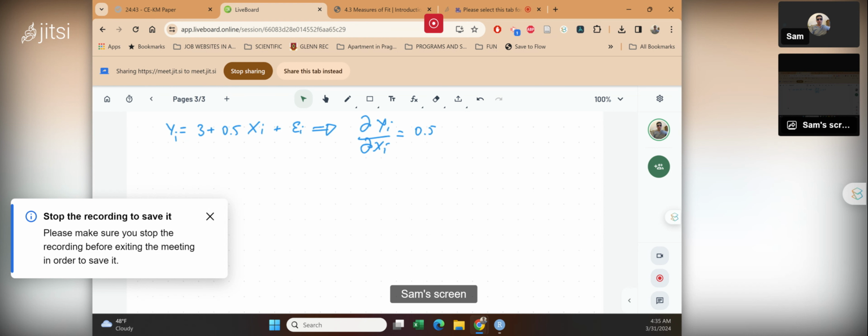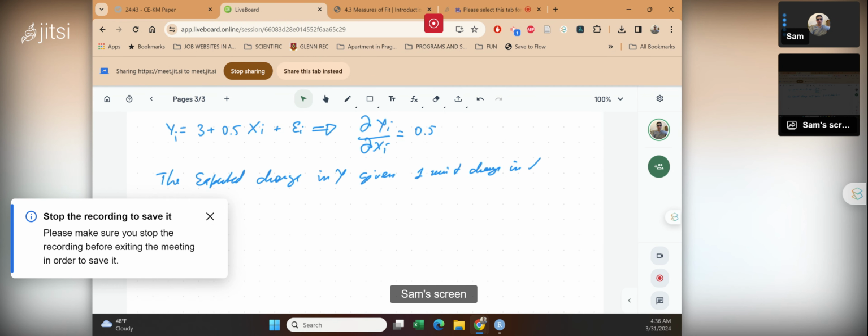Actually, you can define it in this way: the rate of change in y caused by a unit change in x. So if x changes by 1 unit, the expected change in y, given 1 unit change in x.